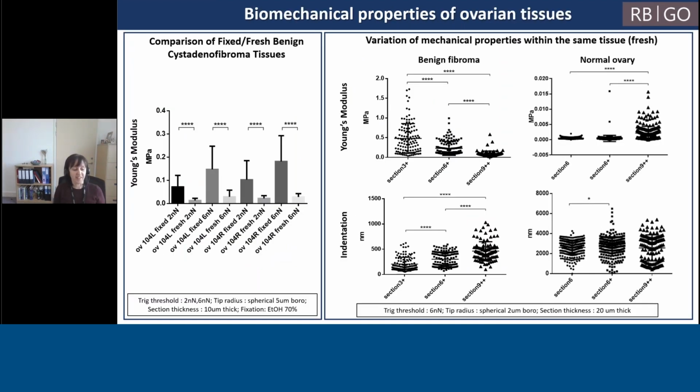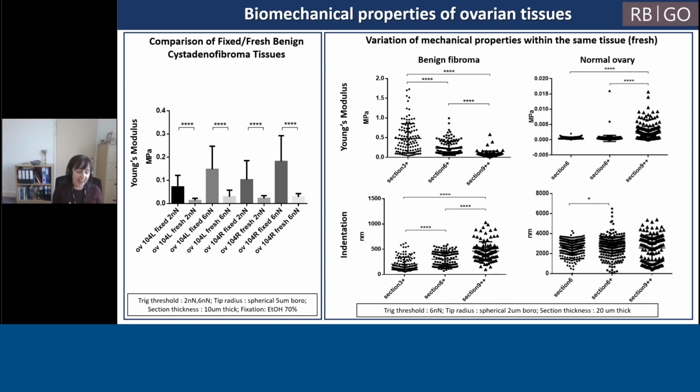So in Swansea, to further our mechanistic understanding of ovarian cancer metastasis, to enable the development of new ovarian cancer therapeutics, we have first examined the biomechanical properties of ovarian tissues.